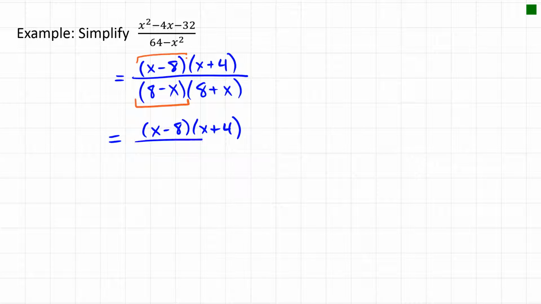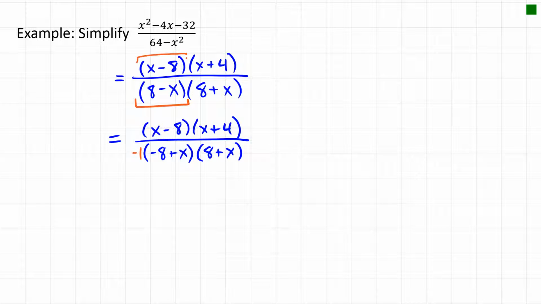And what I'm going to do in the denominator is I'm going to factor out a factor of negative 1 from this first factor. So factor out a negative 1, that leaves me with negative 8 plus x. So I've divided off negative 1 from each of those terms. And the second bracket I'm just leaving alone.